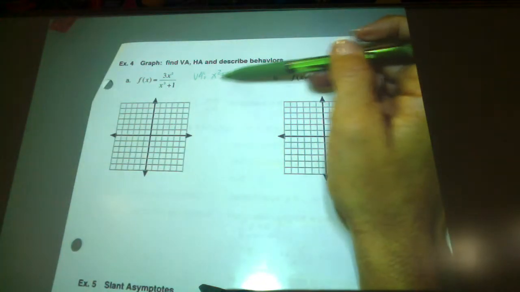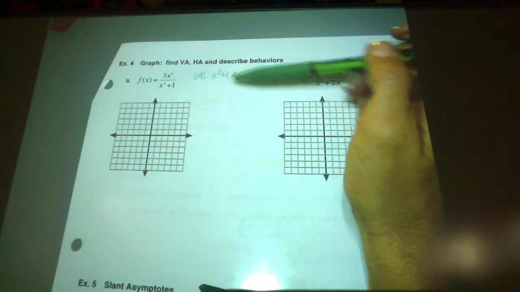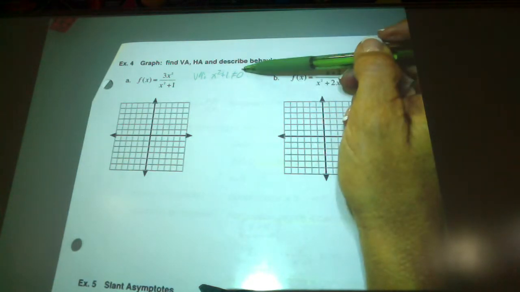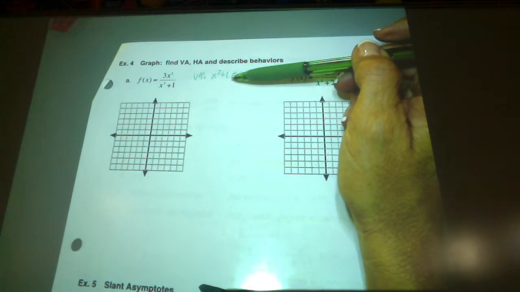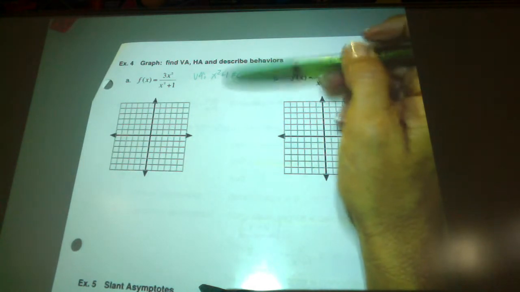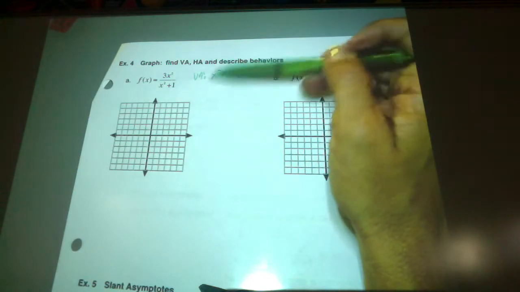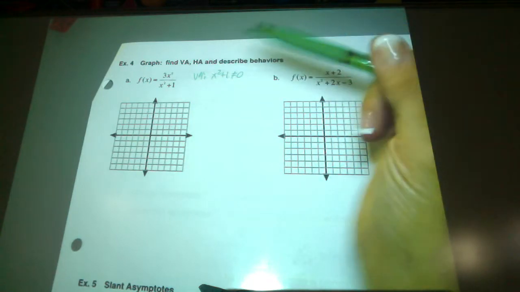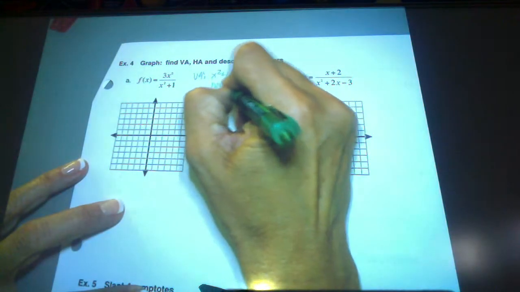I could subtract 1 and take the square root of both sides, but wouldn't I get an imaginary number? So that tells you it's impossible for the denominator to equal 0. It's impossible for x squared to have a value of negative 1, because it's squared, so it'll always be positive. So there is none.